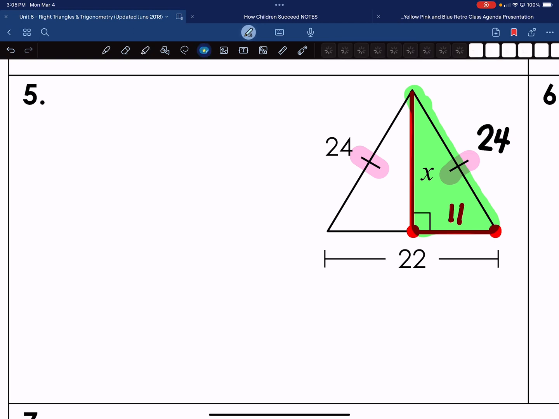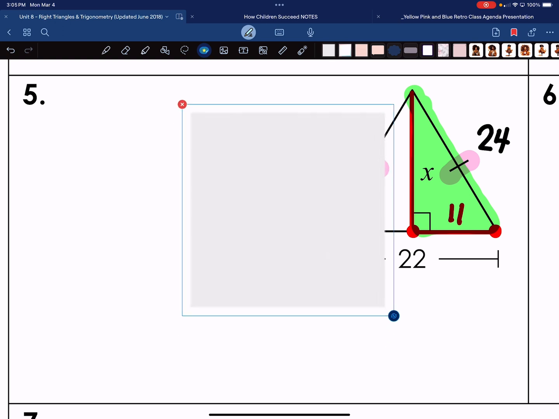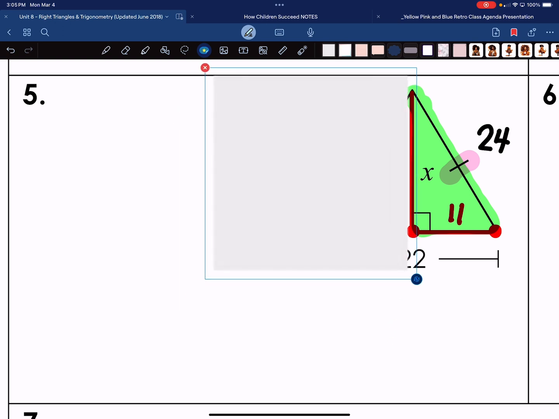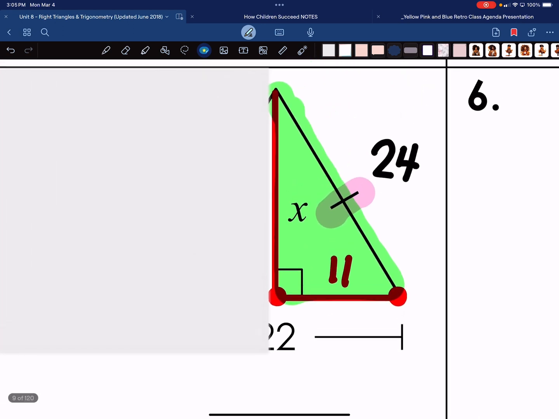I'm going to use a little sticky note to block off some of it, because all I want to know is what x is. To figure out x, I can use the Pythagorean theorem, because if I chop off that left half, I have a right triangle where I know the hypotenuse and one of the legs. So when we put this in the calculator, are we adding or subtracting?